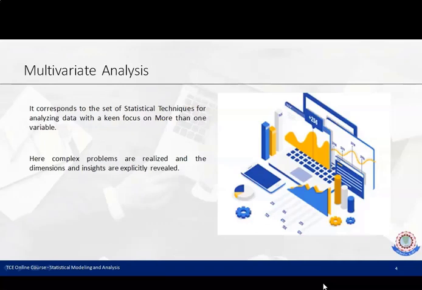So as an outcome, we are exploring the relationship that exists between one or two variables in a single or more deterministic pattern of evaluation. Thereby the dimensions across variables and its insights are revealed explicitly.